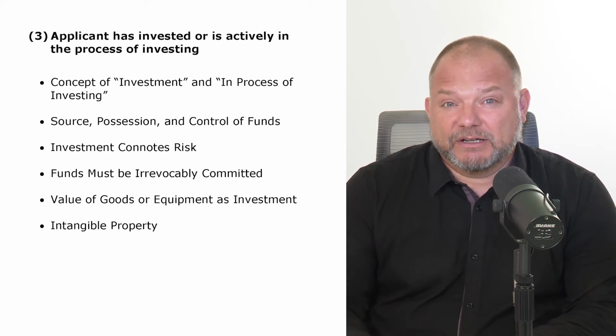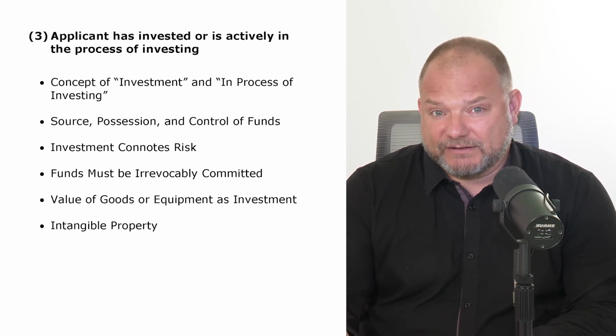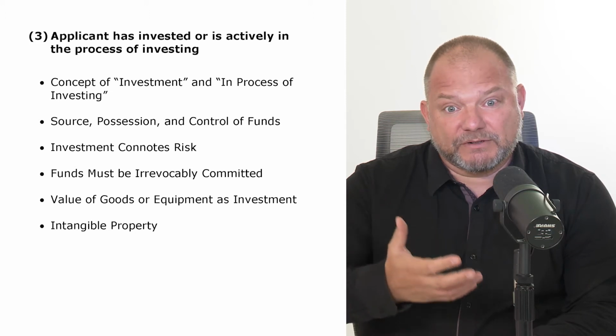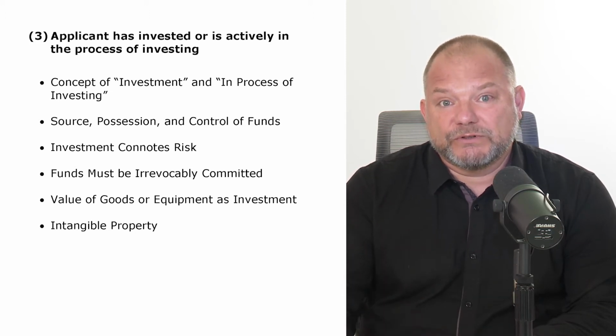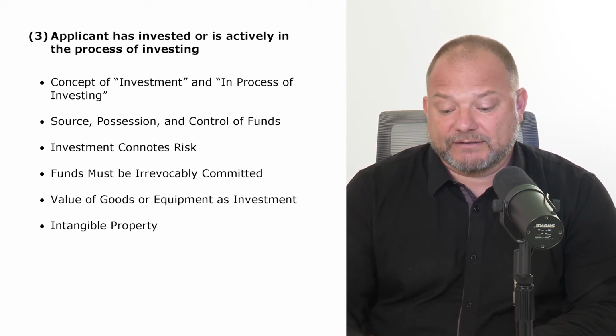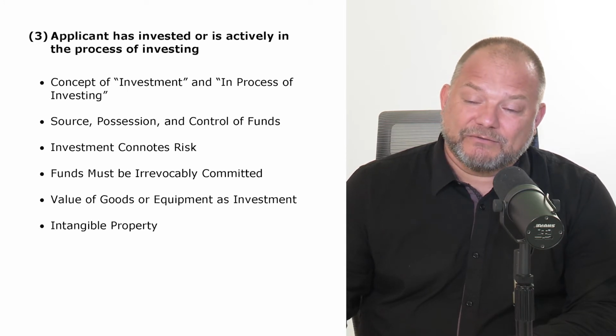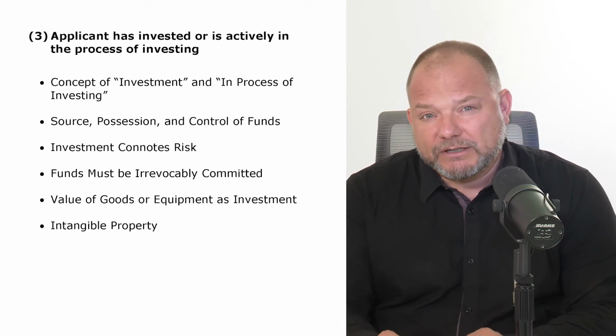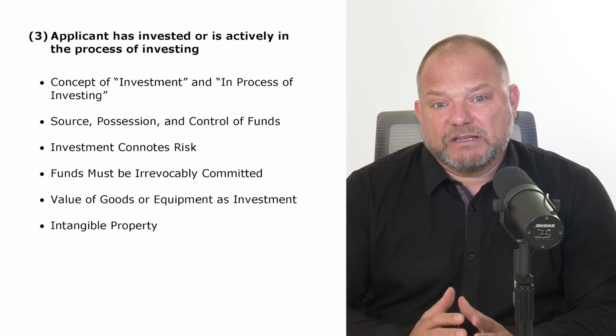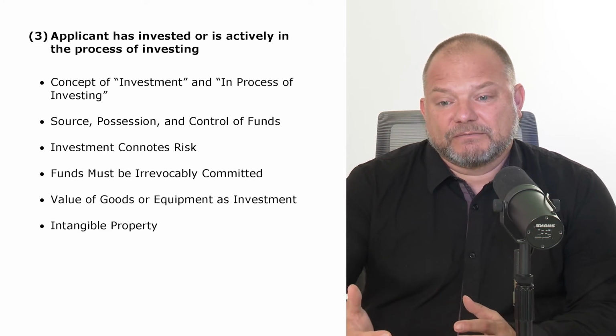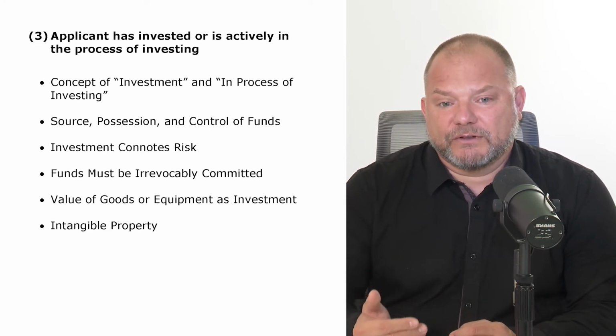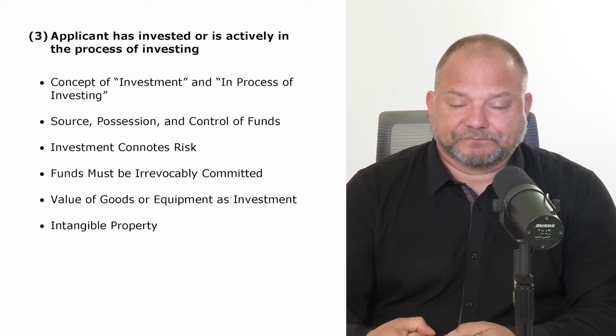First of all, the investment has to be at risk. So there must be the risk that the investor will lose his money if the enterprise fails. Second, the funds must be irrevocably committed, which means that the investor is not able to retrieve those funds anymore or pull back his investment.